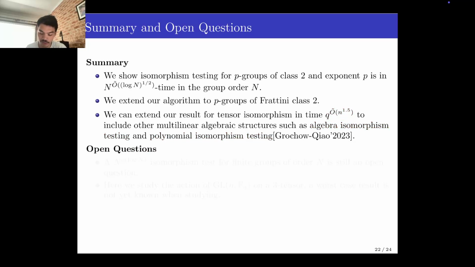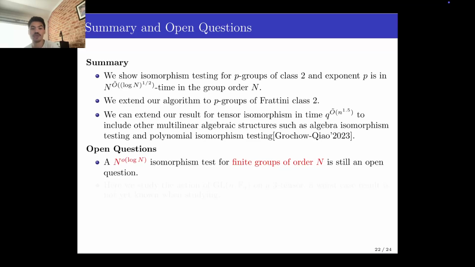We also have the following open questions. Whether we have a sub-quasi-polynomial time algorithm for general group isomorphism of order n in finite groups is still an open question.